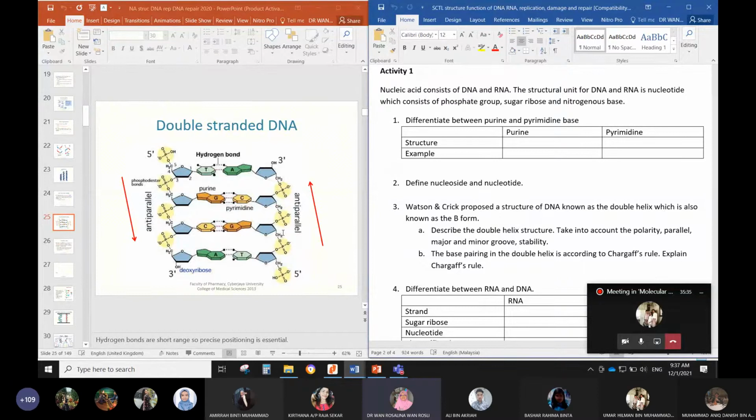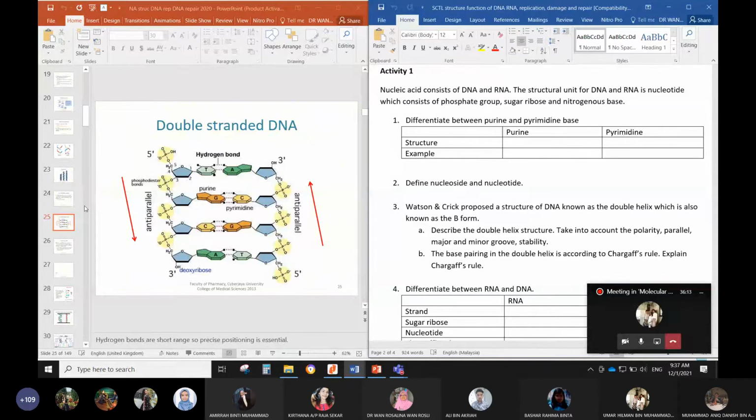And both of the strands pair together according to the complementary base pairing rule, which is A with T and C with G, or A with U. All right. How about the helix? Oh, the helix. So helix is like the spiral shape, helical shape.